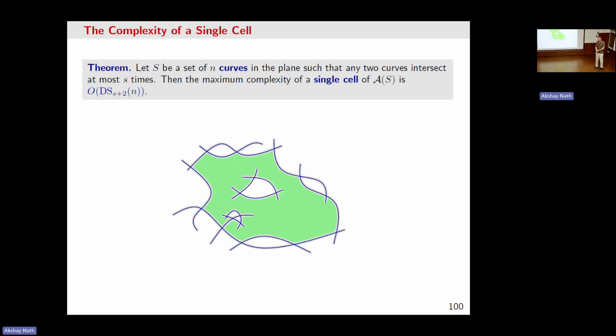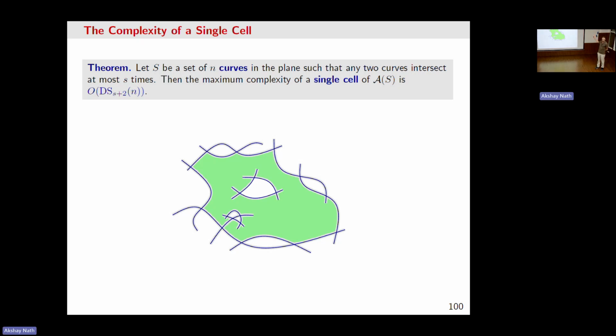Okay, so I claim that if I have curves that can have endpoints, the complexity of a single cell is this thing here. So it's the same asymptotically as the upper envelope. Okay.